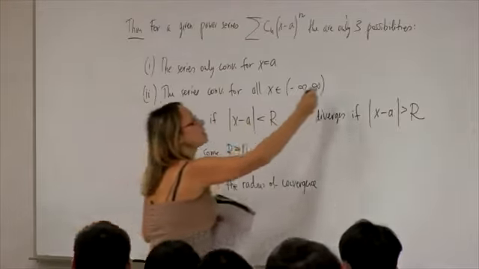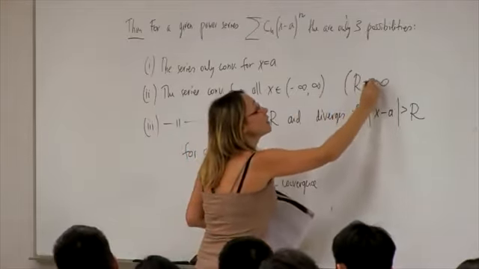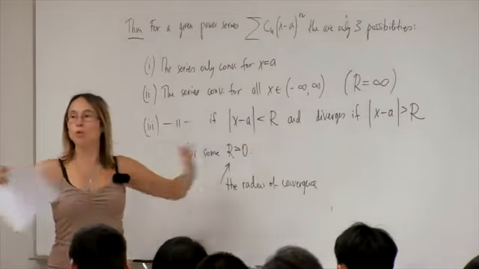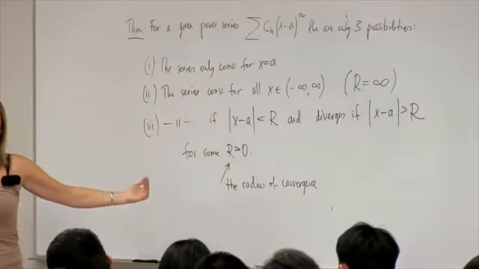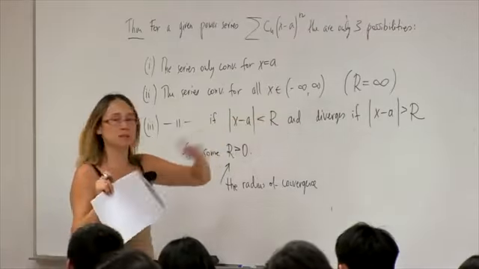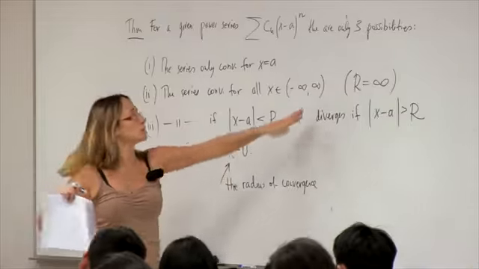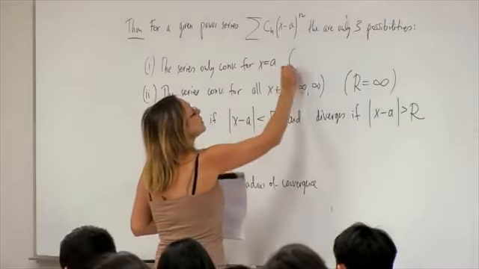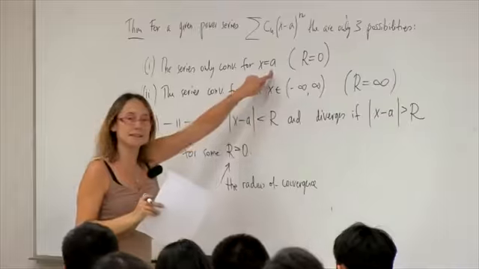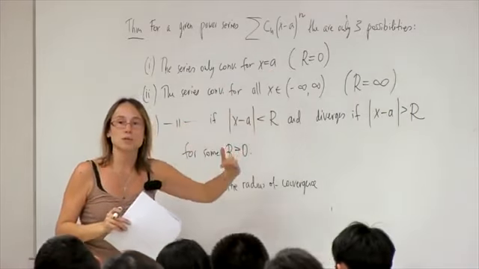And here we can say that r is infinity, because you can think of the whole number line as the distance between x and a being anything from 0 to infinity. So this is r equals infinity. And here, this case is r equals 0. So only at the center does it converge, and nowhere else.